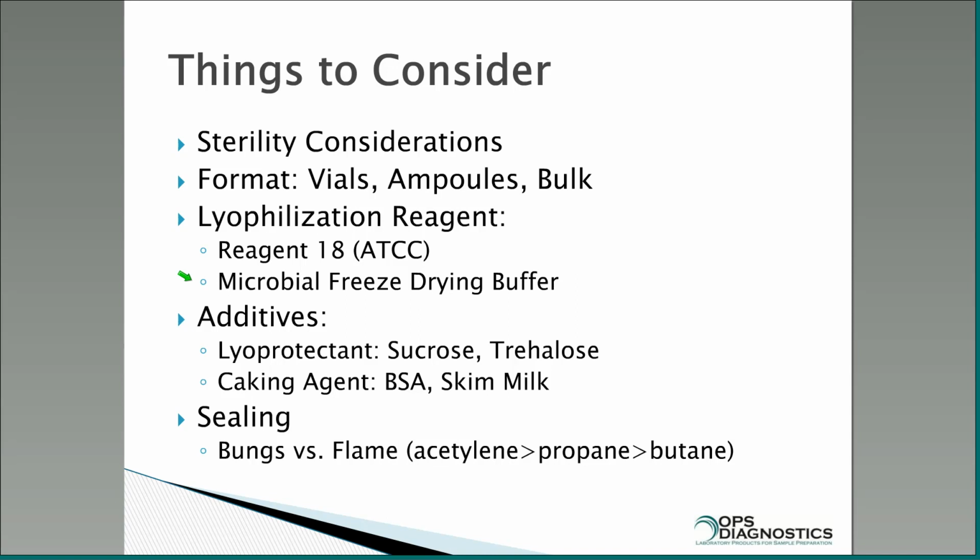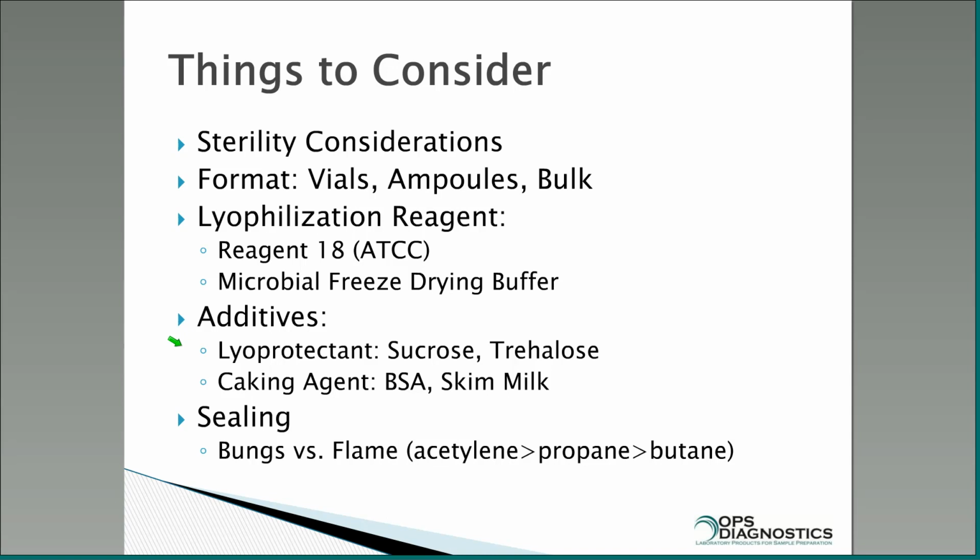Other additives that are often used are lyoprotectants, sucrose and trehalose. These are both disaccharides, and they have the key factor that the anomeric carbons are blocked, or actually linked to something. So in sucrose, which is a glucose linked to a fructose, the anomeric carbon, the alpha beta carbon, for those who can't remember what anomeric is, is linked to the fructose.